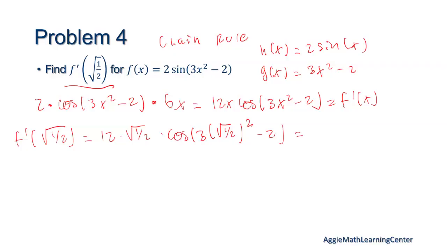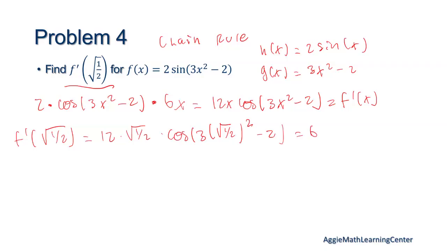I'm just trying rationalizing, 1 over root 2. So it'd be 6 root 2. Did you do that right? I think that's right. We could write it out.